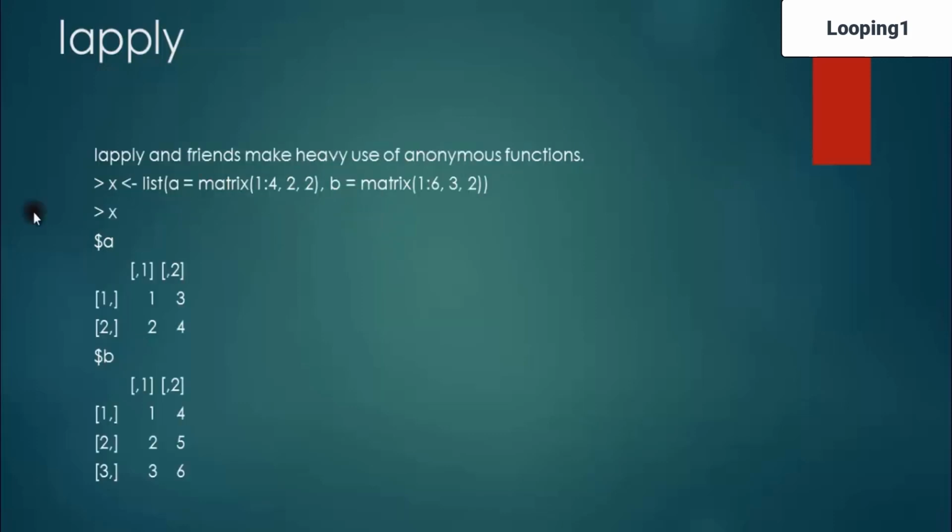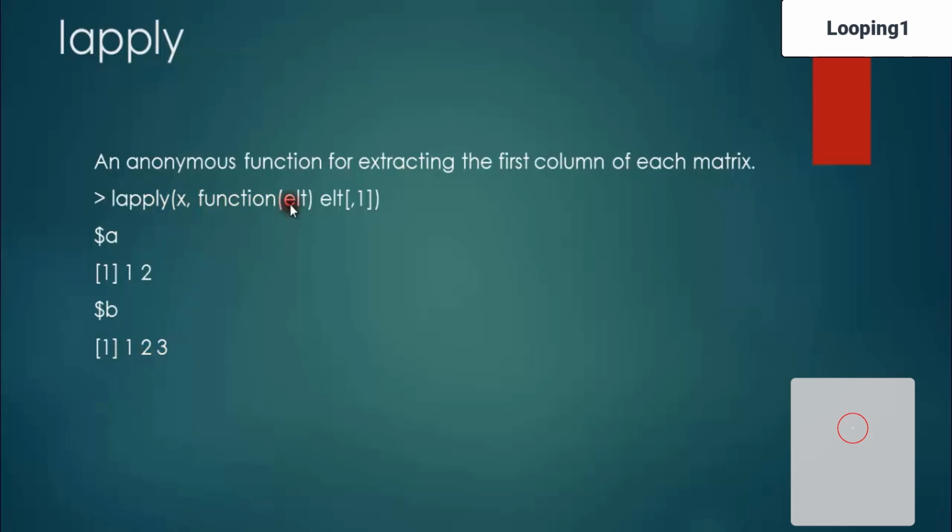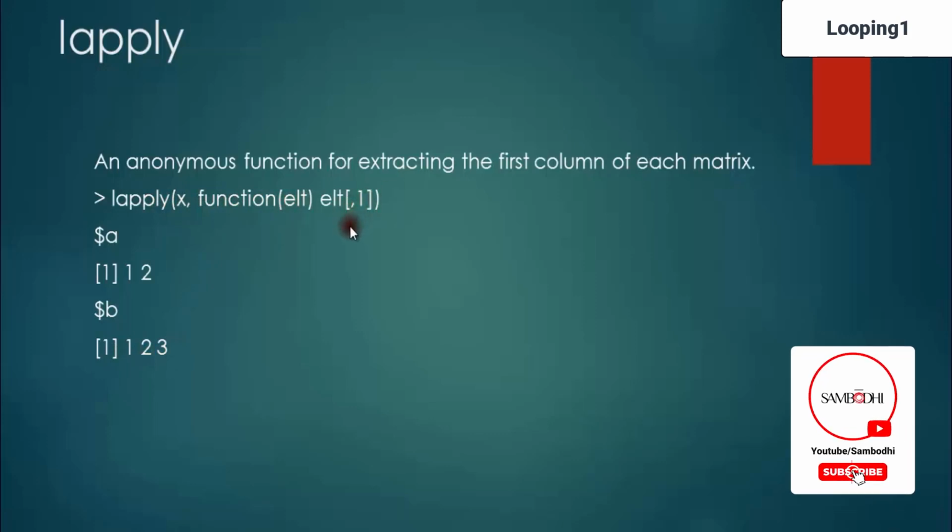So I'm trying to extract just 1 2 and 1 2 3 from the data. This is an anonymous function for extracting the first column of each matrix. I'm extracting 1 2 and 1 2 3 using the lapply function, and I'm defining the function within the lapply function itself.